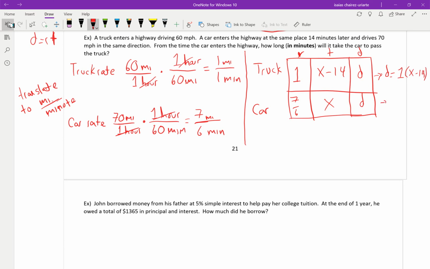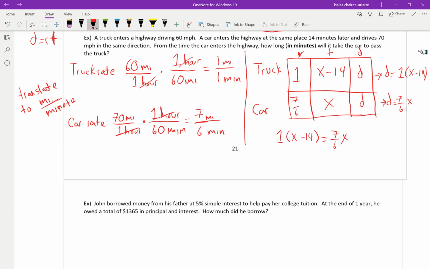And this here says that the distance equals the rate 7/6 times X. Since D is equal to this, and D is equal to this other thing, D equals D, so I should be able to set 1 times X minus 14 equals 7/6 X.